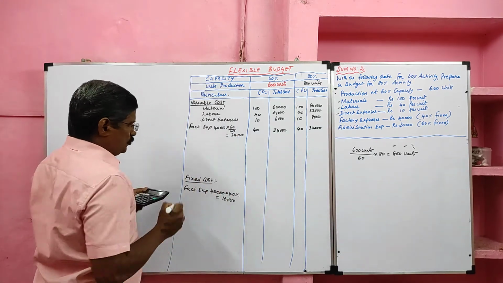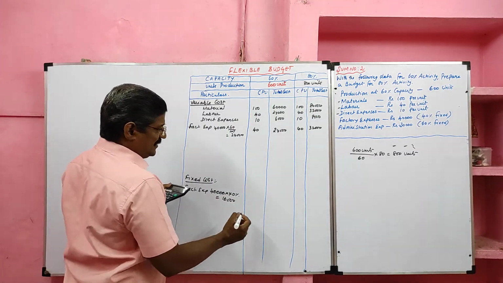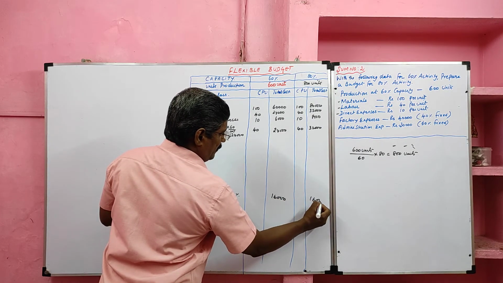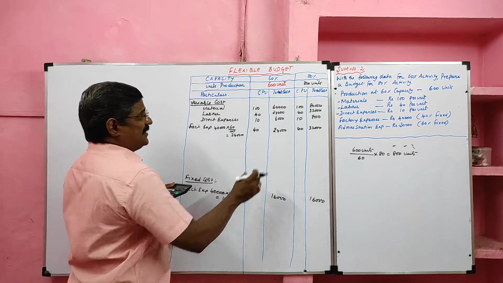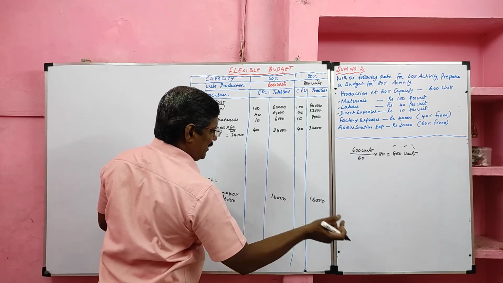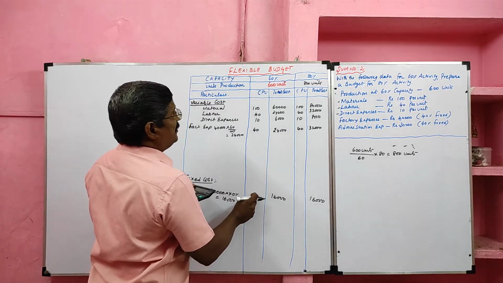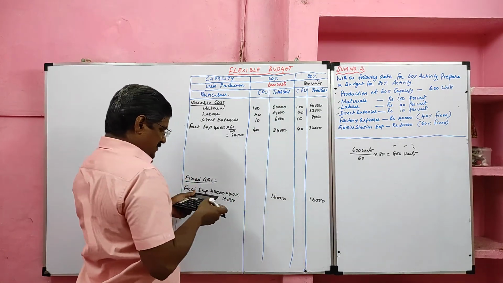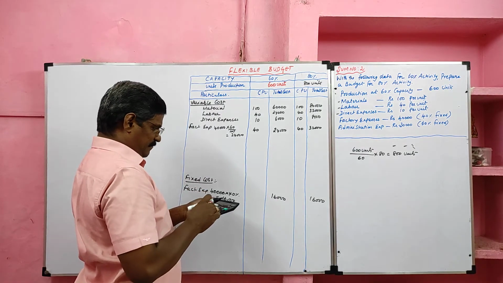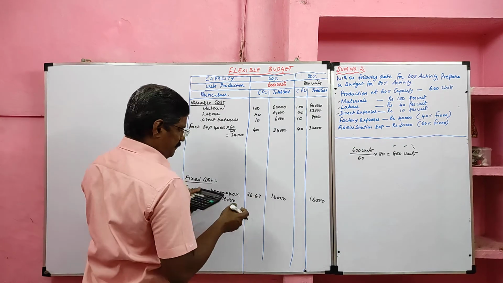Then we move to fixed cost. Factory expenses, out of 40,000, 40% fixed, that is 16,000 rupees. As far as fixed cost is concerned, the total cost remains constant. For the cost per unit, we divide 16,000 by 600 and get 26.67.